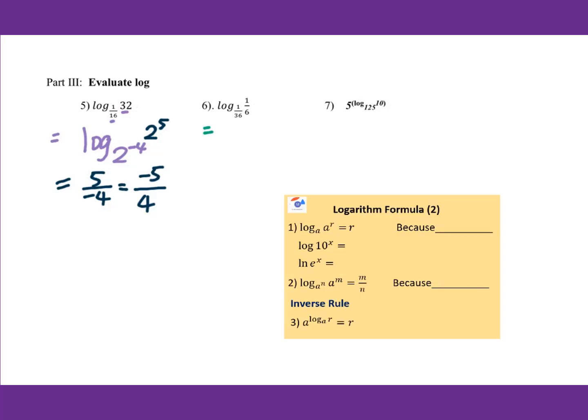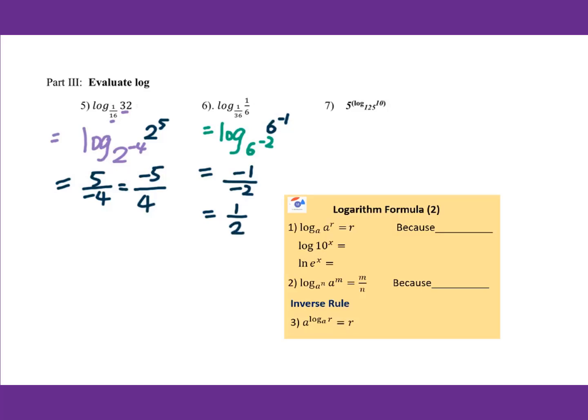For number 6, I will get the log base 6 to the negative second power. 1 over 6, that's 6 to the negative first power. Therefore, we got negative 1 over negative 2 equals 1 over 2.